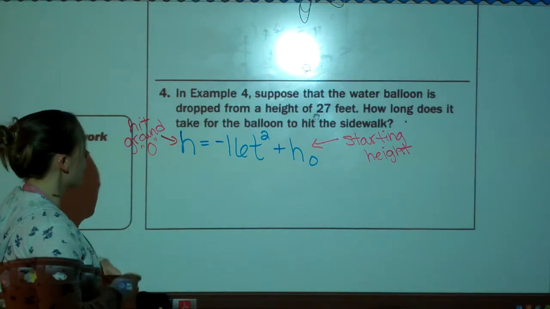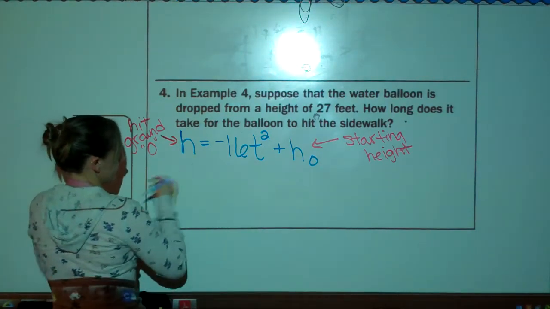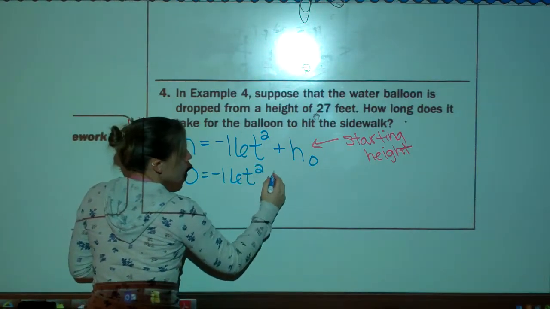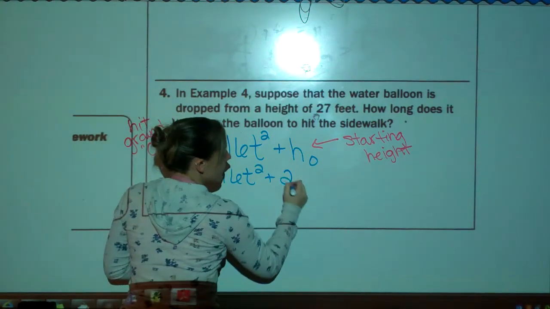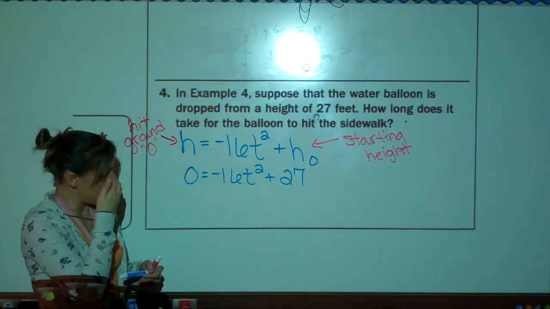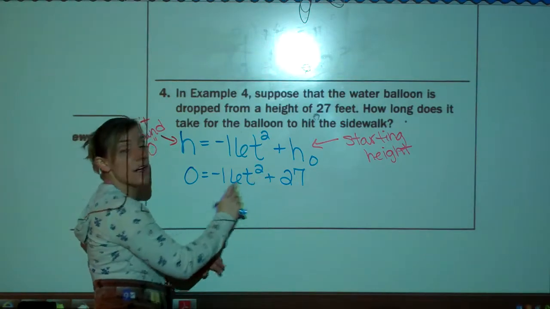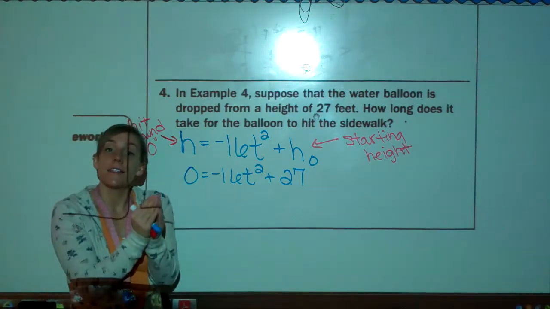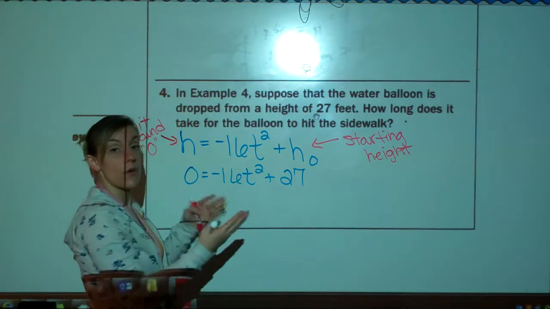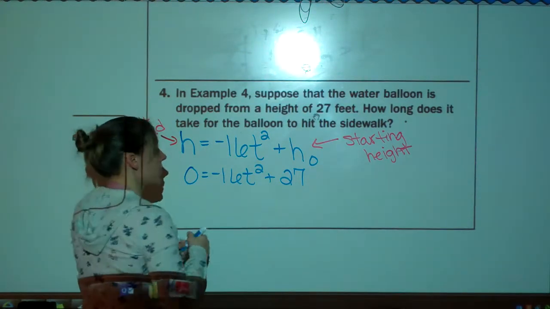Okay, so we hit the ground at 0. In this case, we are starting at 27 feet. Okay, and then this one is a lot like the other one, t squared, that's the only variable, so you want to isolate it, okay? You can't make a trinomial out of this, so you just go ahead and just isolate the t squared and square root at the end.